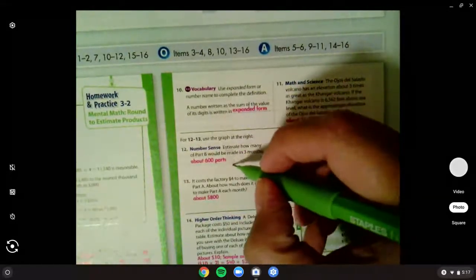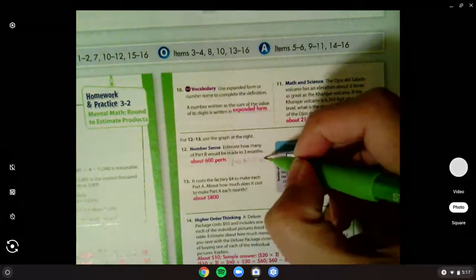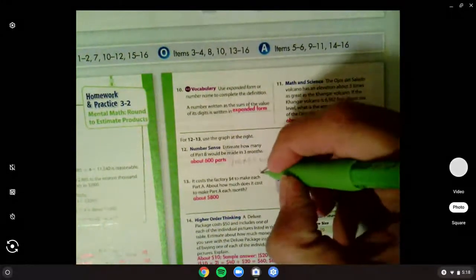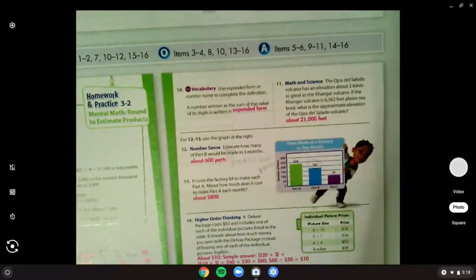So we should have done like 200 times 3 to get 600, and then I'll label it parts. You might have said something like part B is, something like that. Make sure you have that labeled though, because this is a word problem, so we need a word in our answer. And 13 was kind of the same idea.